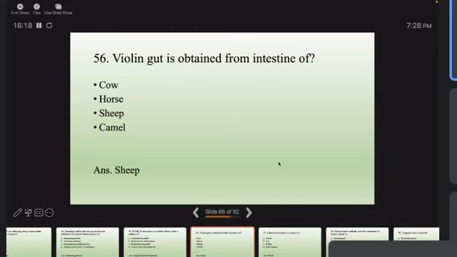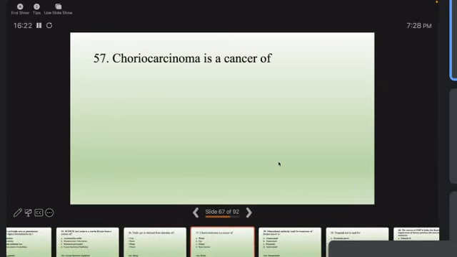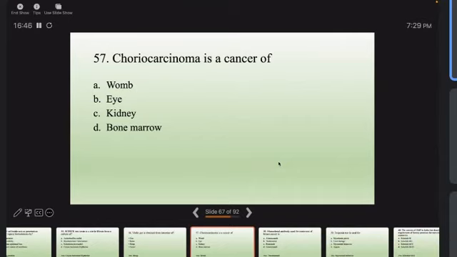Okay, let's move on to the next one. Choriocarcinoma is a cancer of, I'll give you the options: womb, eye, kidney, bone marrow. So any thoughts? Womb. Okay. Anything else?